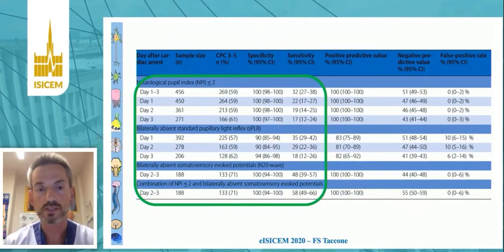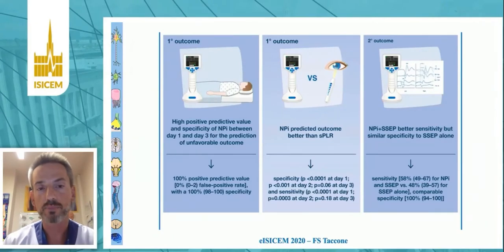The main result of this study is that NPI, which is an index of pupillary function, is already a strong predictor of poor outcome at day 1 after cardiac arrest. This index is more accurate than just the constriction to the light, the pupillary light reflex, in terms of accuracy to predict outcome in this patient population.